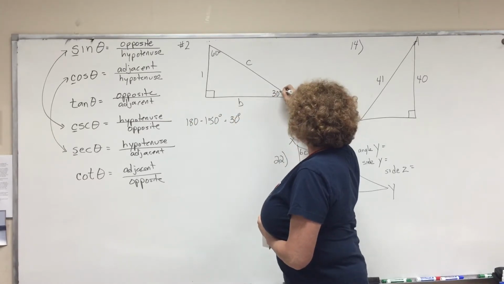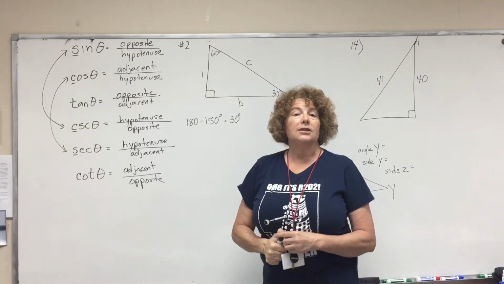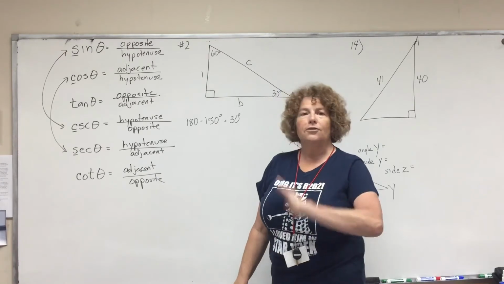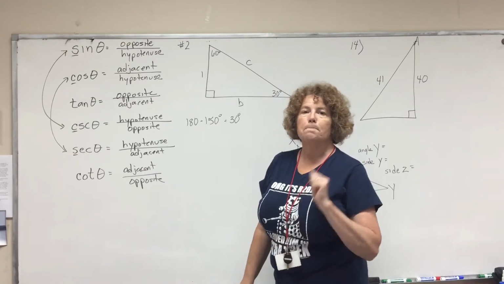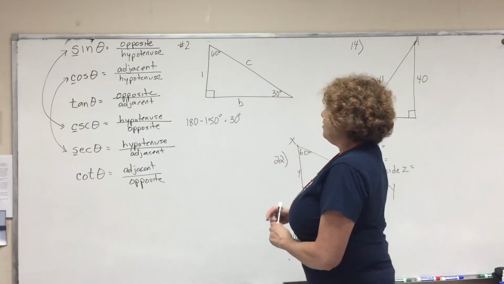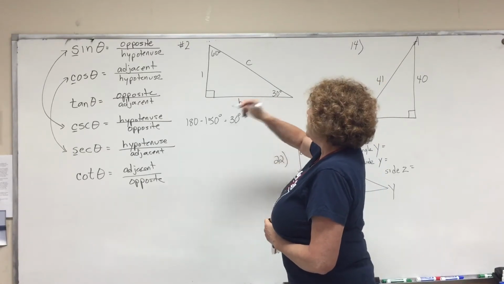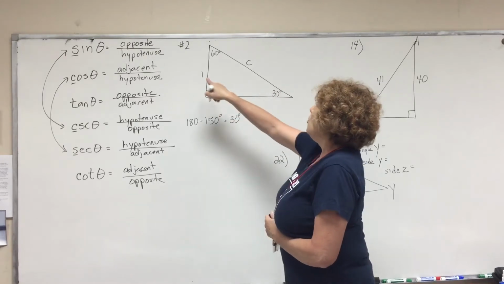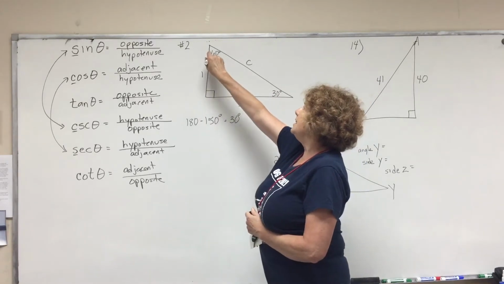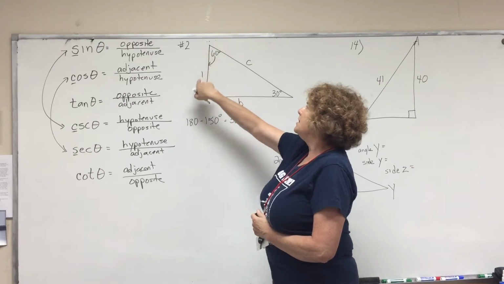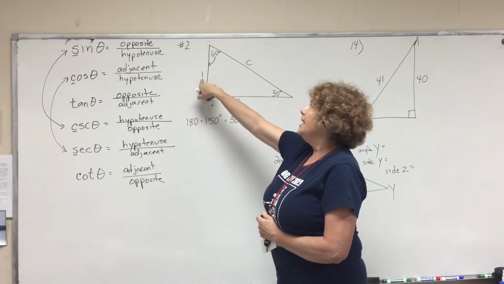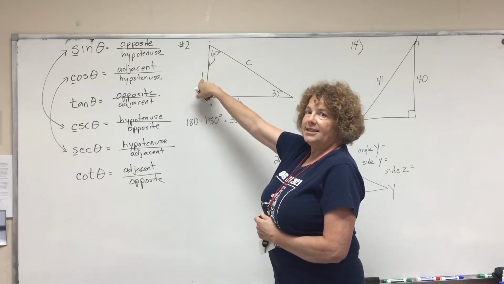So you can use the fact that three angles in a triangle add up to 180 to find the missing part, okay? So we found the angle. Then, if we're missing a side, now we can use our trigonometry. We have, let's use 60. So the side labeled 1 is the adjacent side to 60.